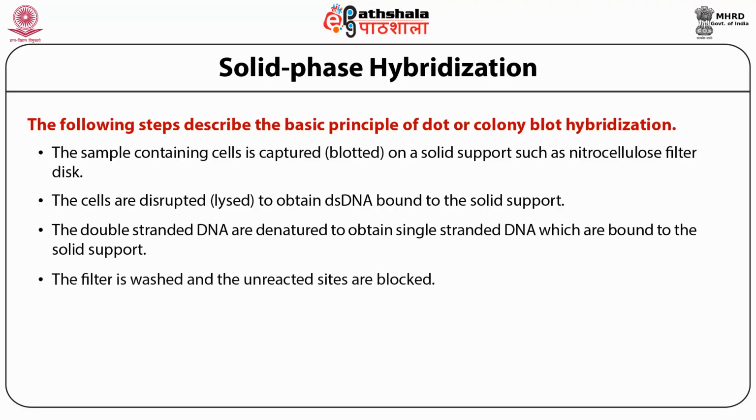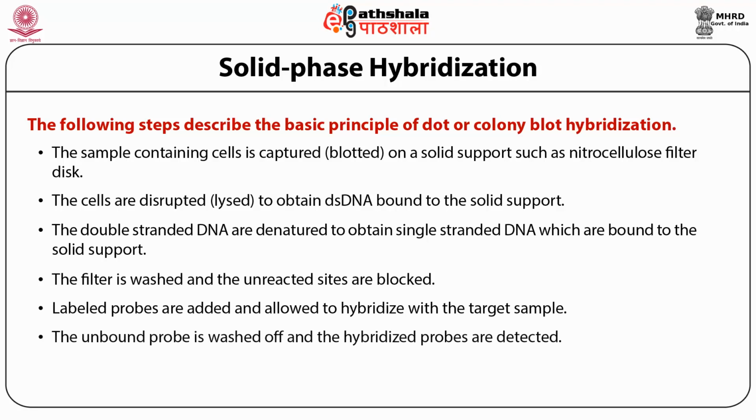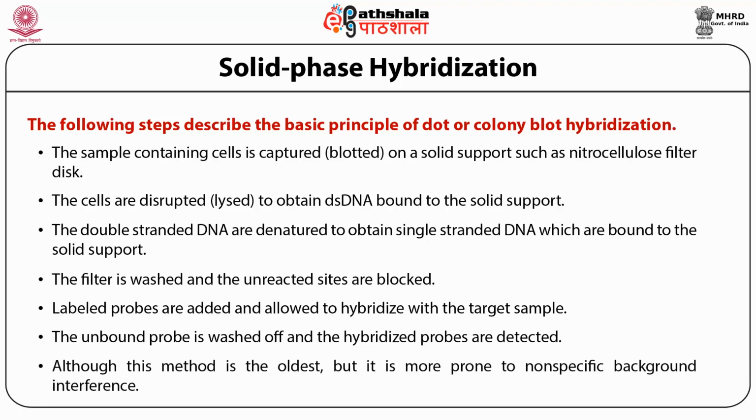The filter is then washed and unreacted sites are blocked. Labeled probes are added and allowed to hybridize to the target sample. The unbound probe is washed off and the hybridized probes are detected. Although this method is the oldest, it is prone to non-specific background interference.